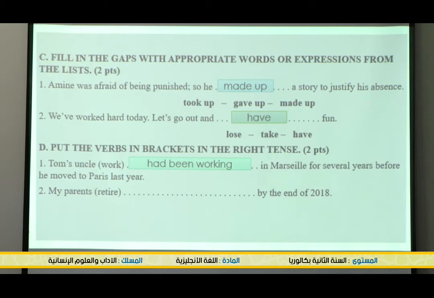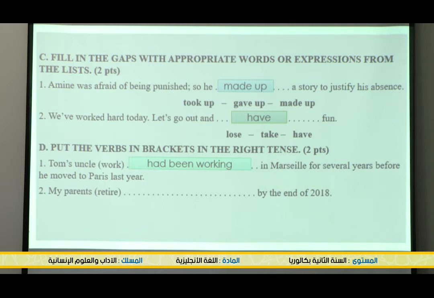Okay, now exercise number 2, sentence number 2. We have my parents retire gap by the end of 2018. So we are going to do the same thing here. We will try to look at the time indicators we have here. We have by the end of 2018.